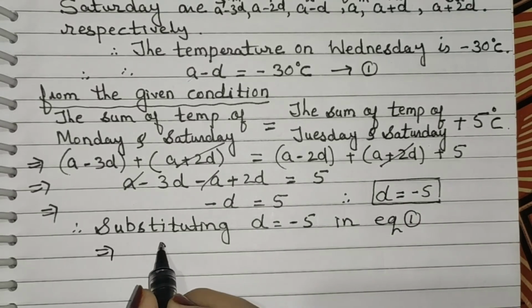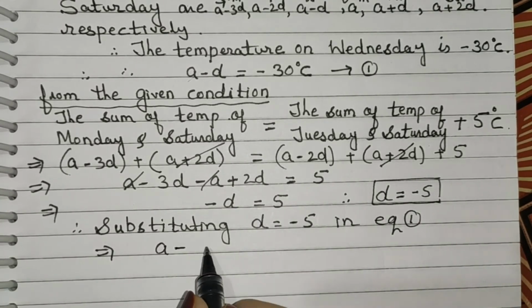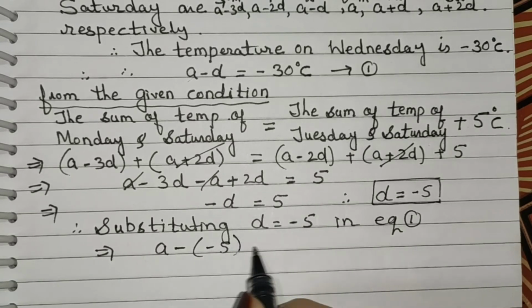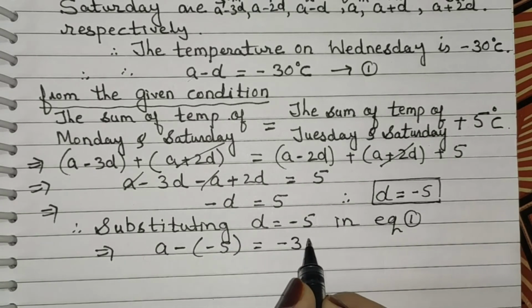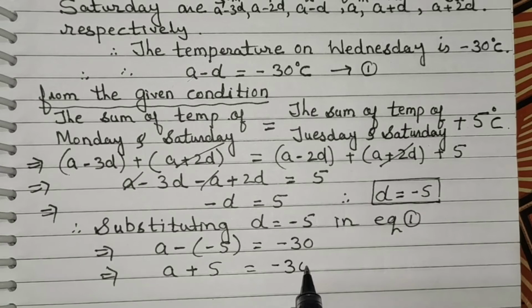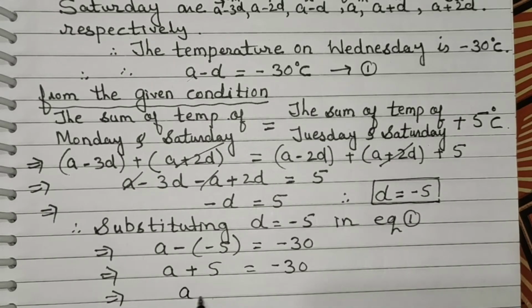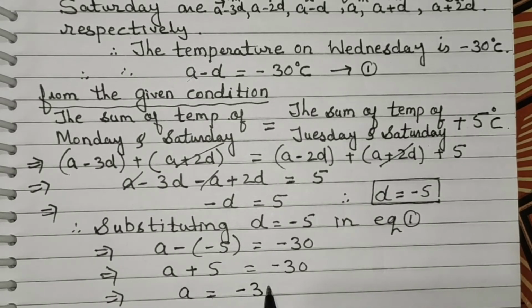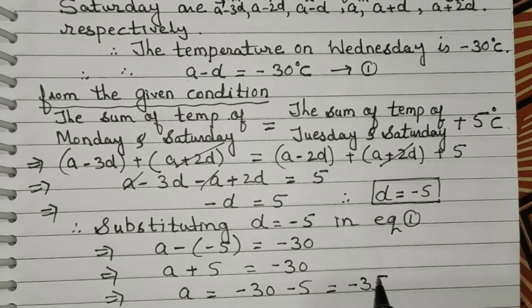Now we get here a minus d, a minus of minus 5 is equal to minus 30. Now we get here a plus 5 is equal to minus 30. Now a is equal to minus 30 minus 5, which is equal to minus 35. Therefore value of a is equal to minus 35.